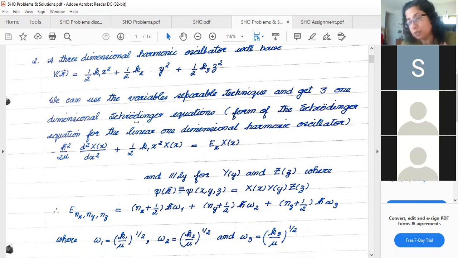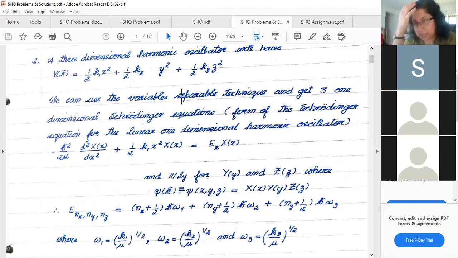In unit 2 there was an extension to three-dimensional problems, and this hopefully has been addressed. Essentially what you do is you write down the solution of the Schrödinger equation in the variable separable form: a solution which depends only on x, multiplying a solution that depends only on y, multiplying a solution that depends only on z.